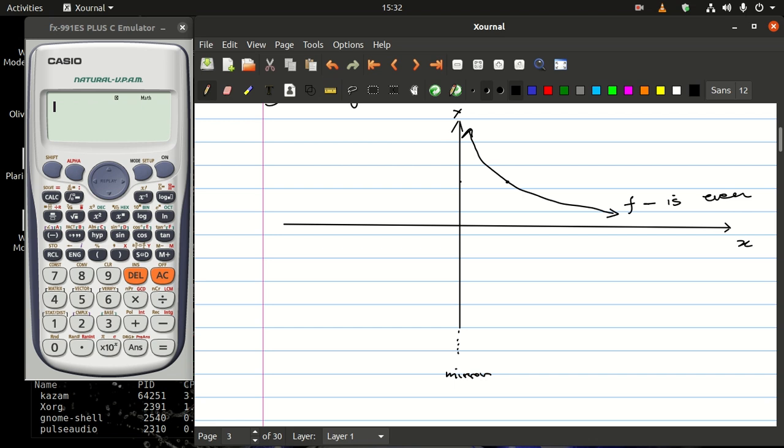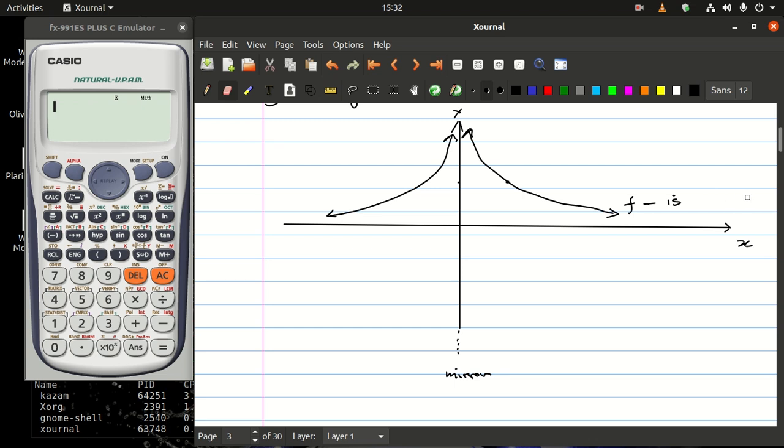If this is your mirror, what will you see in the mirror? Of course, the image will be seen as if it's on this side of the mirror. So this here is getting closer and closer to the mirror, and then it's getting away this side. So this is the image that you would see on the mirror. That's how you would see it if f is even.